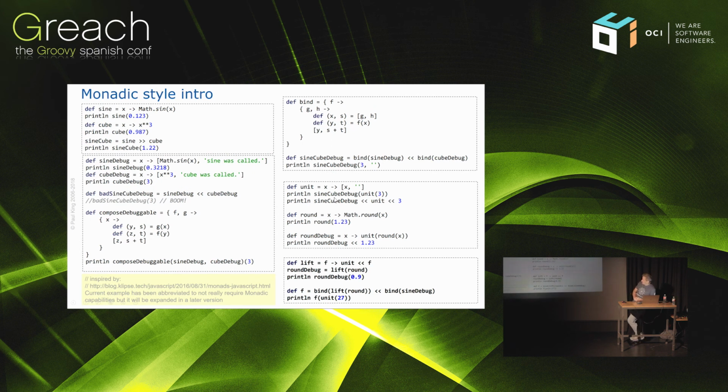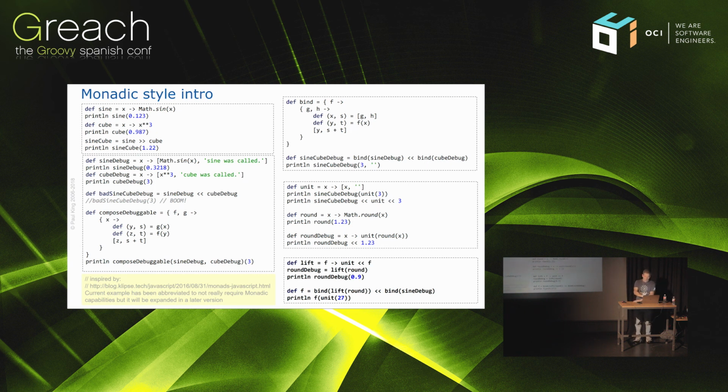And to cut a long story short, by creating generic versions of these, which will be called bind or flat map, and there's various names for these things, I can now use the original compose methods that I wrote for the original mathematical functions, but I can now combine things that are doing debugging, or that are doing null checking, or that are manipulating state, or a whole range of other things, and I can get code reuse across a whole bunch of these different things.